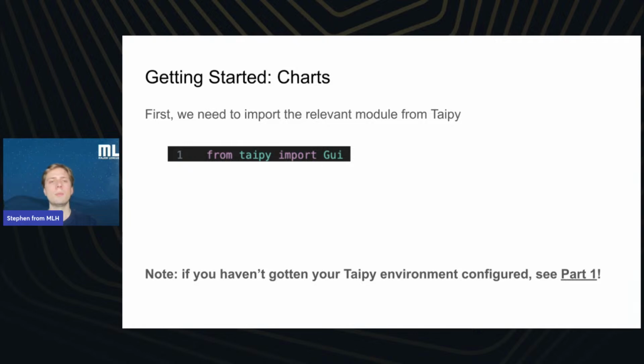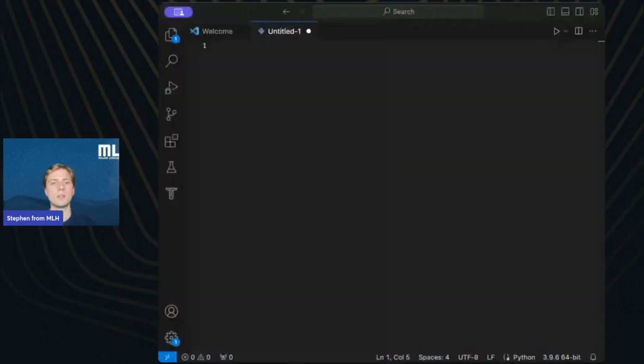If you haven't already, you're going to need to get your Taipy environment configured, and you can see part 1 for that. Let me show you how to get started in my Visual Studio Code. So let me share my Visual Studio Code and put it front and center so that you all can see it.